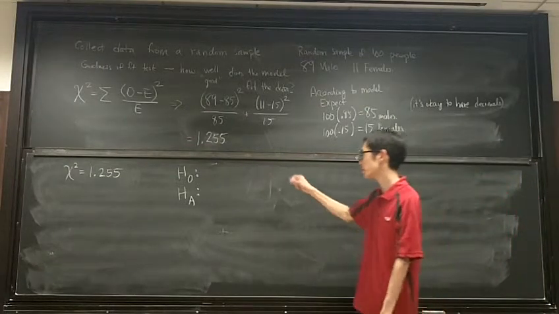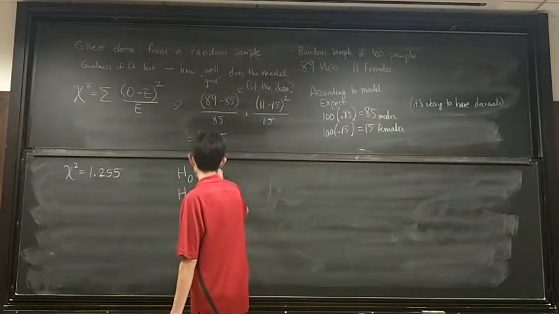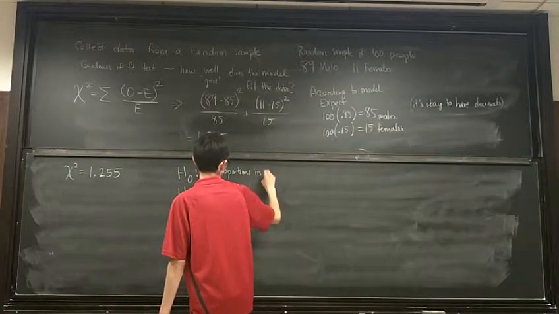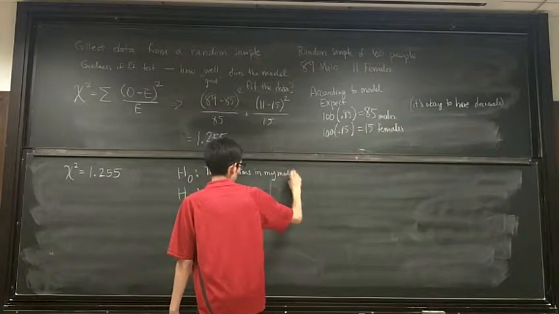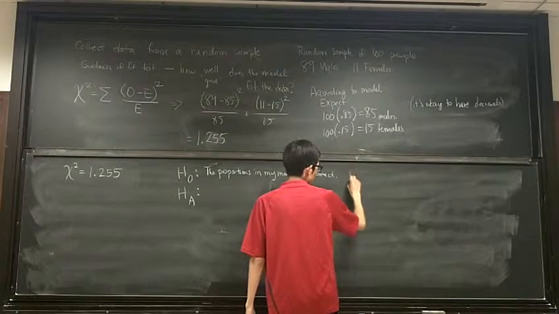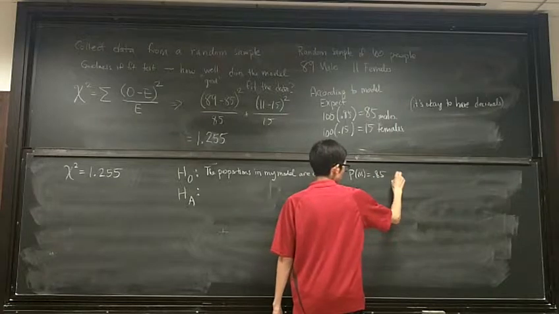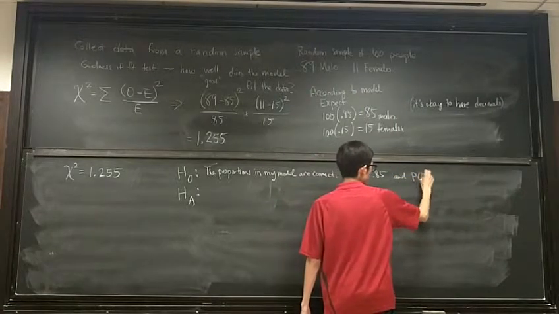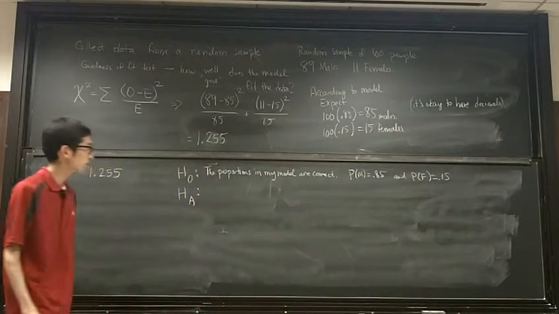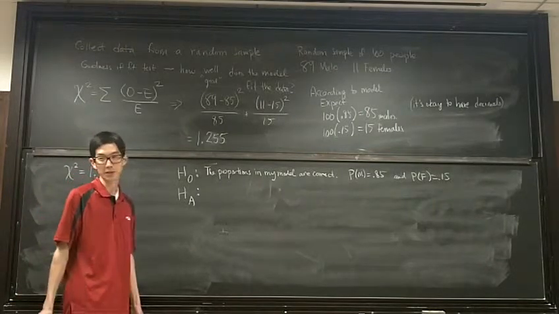So the null hypothesis basically says the proportions in my model are correct. Namely, that the proportion of male is 0.85 and proportion female is 0.15. And then the alternative is my proportions are not correct.